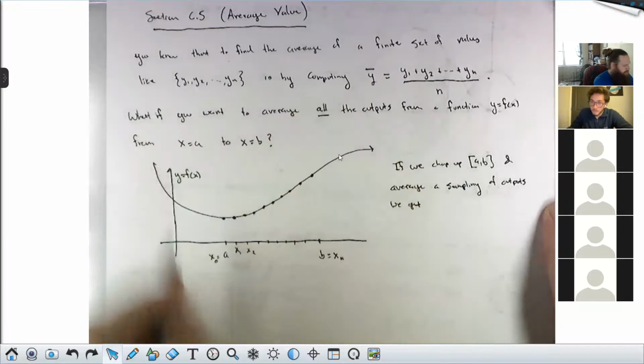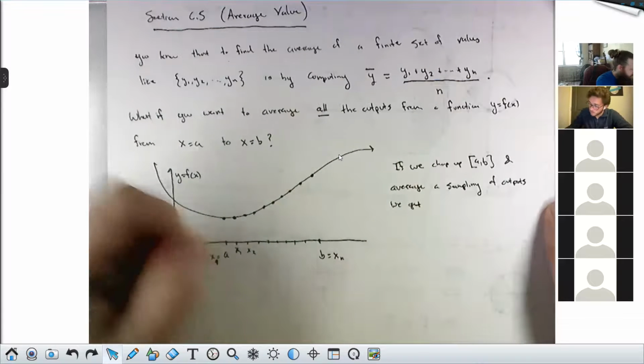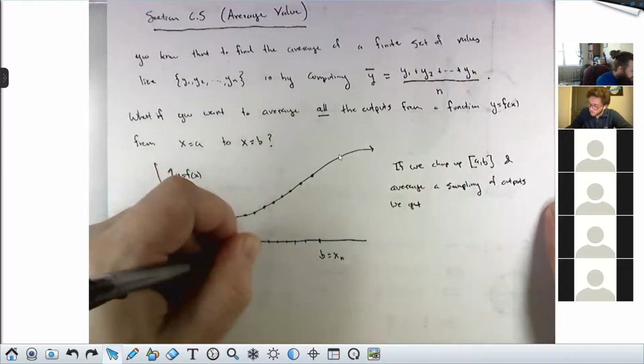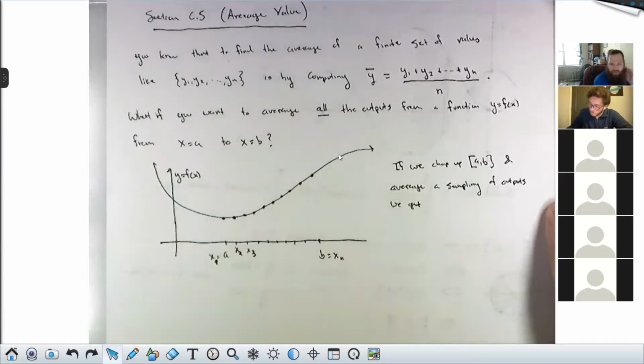Then the average of those, let me call this x1, and then this x2, and then this x3. That way I have n terms instead of n plus 1 terms.